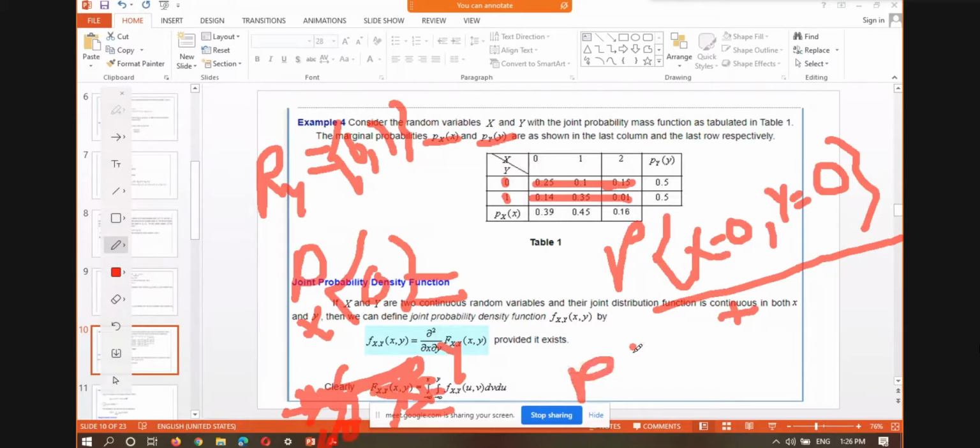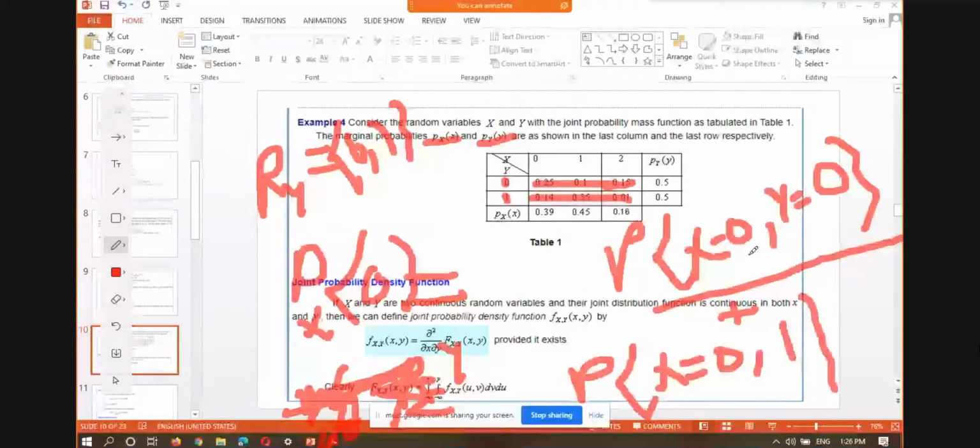So the sum of these two probabilities will give me the marginal probability mass function for x at 0. The first, the probability that X equals 0, Y equals 0 is this one, and the probability that X equals 0 and Y equals 1 is this one. So I have to add these two, and the sum of these two is actually this one.